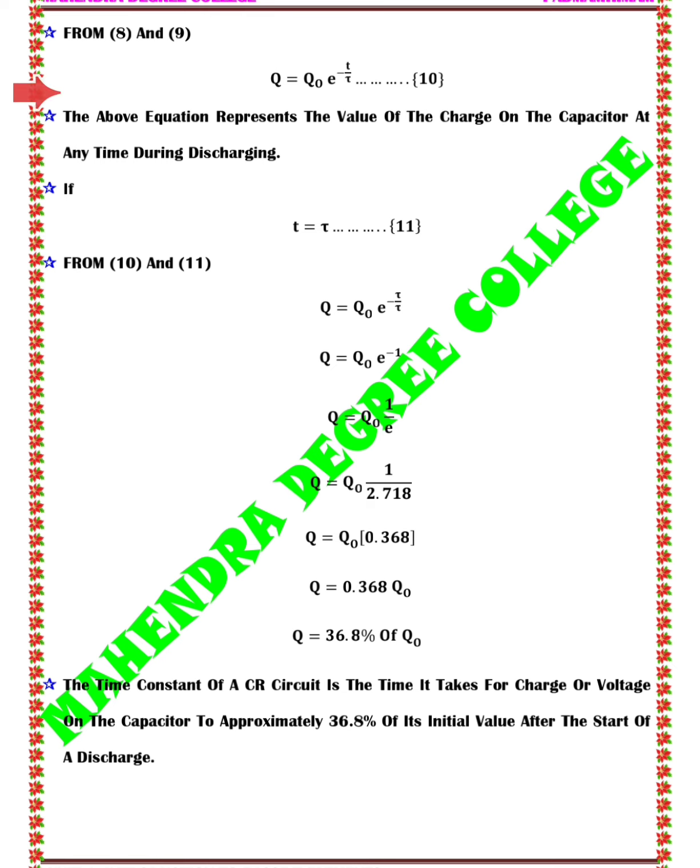The above equation represents the value of the charge on the capacitor at any time during discharging. In simple terms, this is the standard exponential decay formula for a capacitor discharging in an RC circuit.